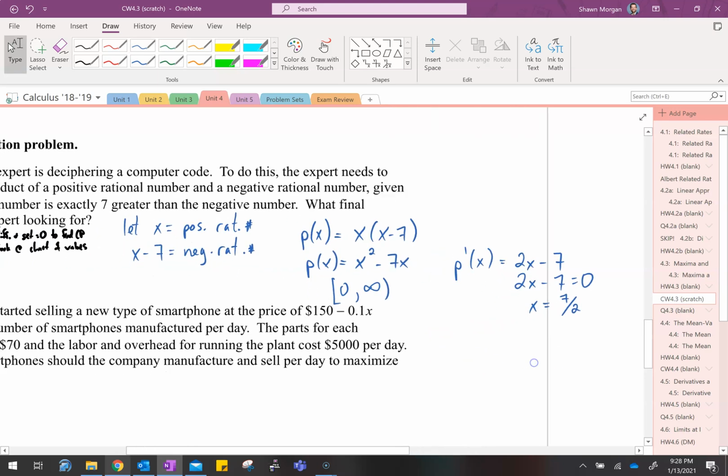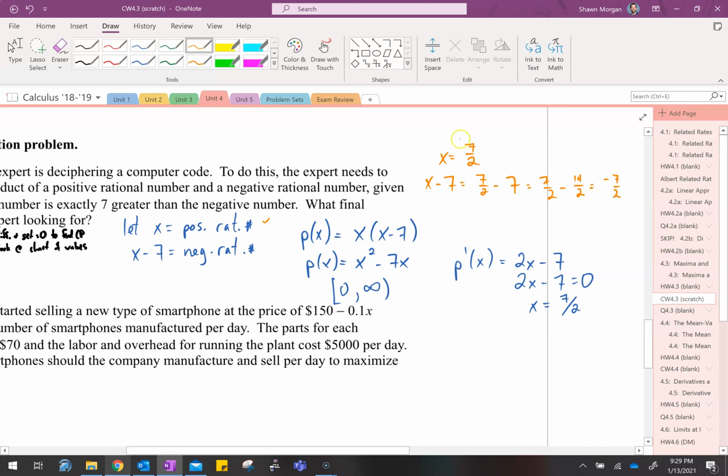So we'll say x equals 7 halves as my positive rational number, and therefore x minus 7 would equal 7 halves minus 7, or 7 halves minus 14 halves, also known as negative 7 halves.